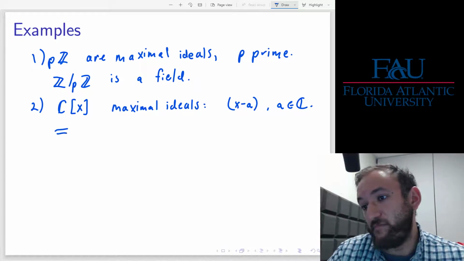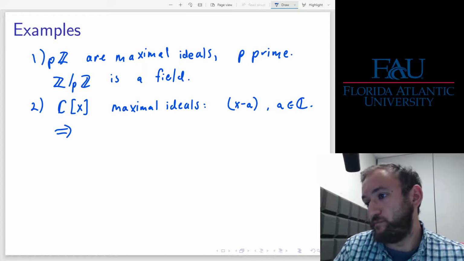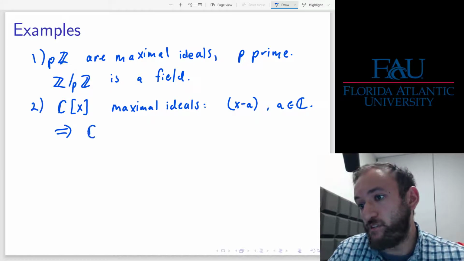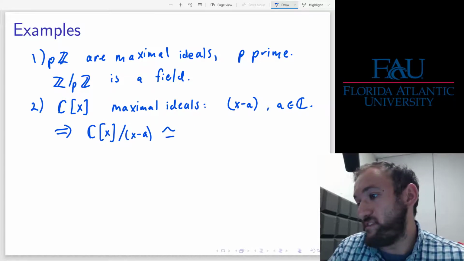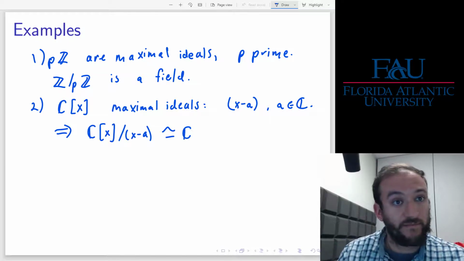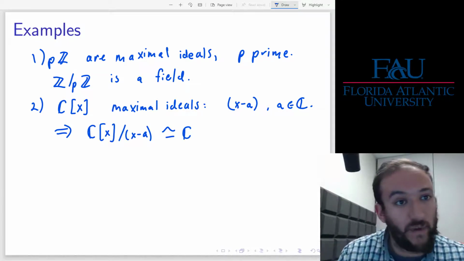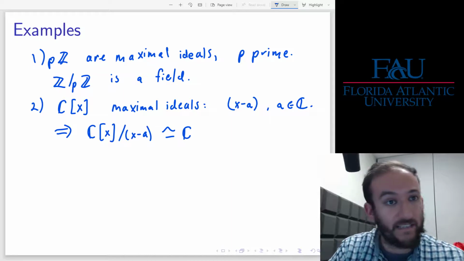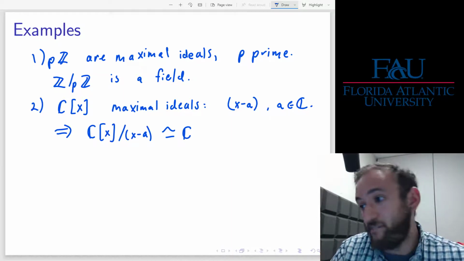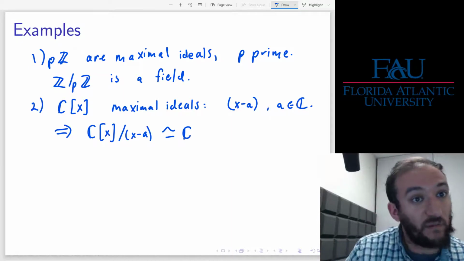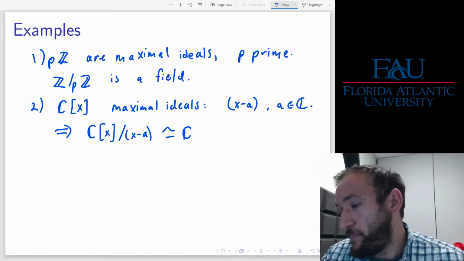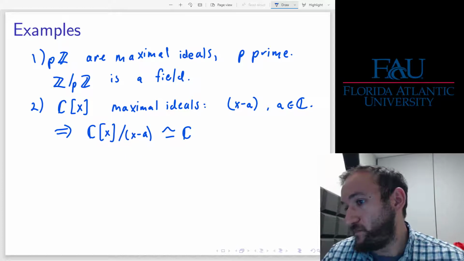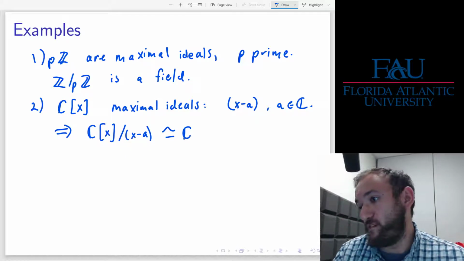So this means that C adjoin x mod (x minus a) is isomorphic, as a field, to C. It's just by evaluating: you take any polynomial in x, evaluate it at x equals a, and the resulting complex number is the element of the field.